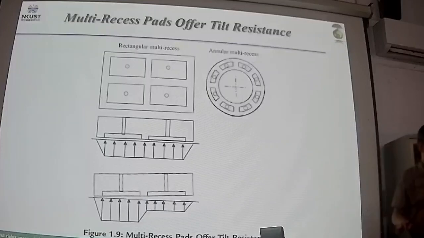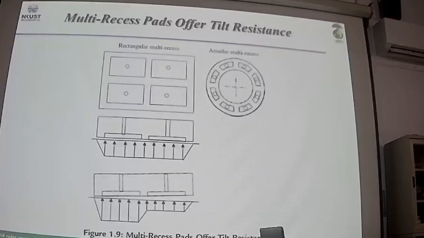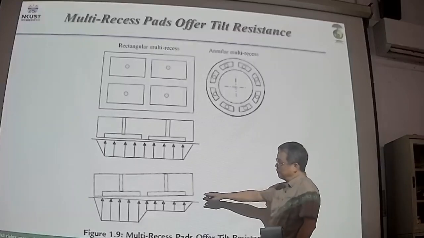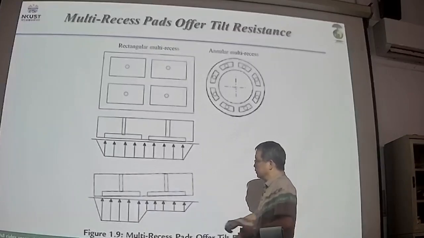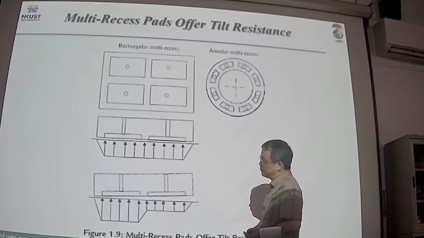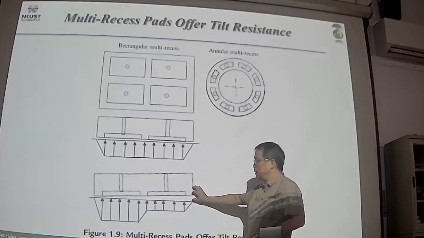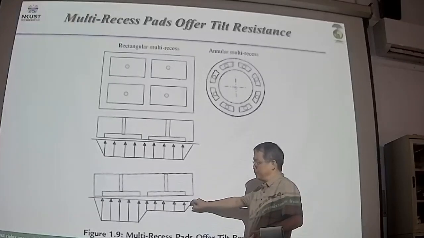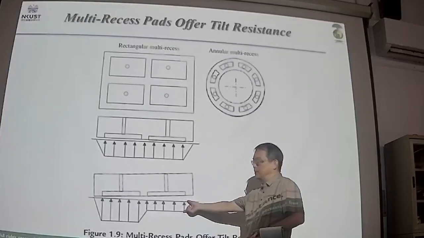In the hydrostatic bearing design, if you can, you should design the multi-recess bearing head. Because when you have a different film gap in your hydrostatic bearing, if you have a large gap, you will have a low capacity.